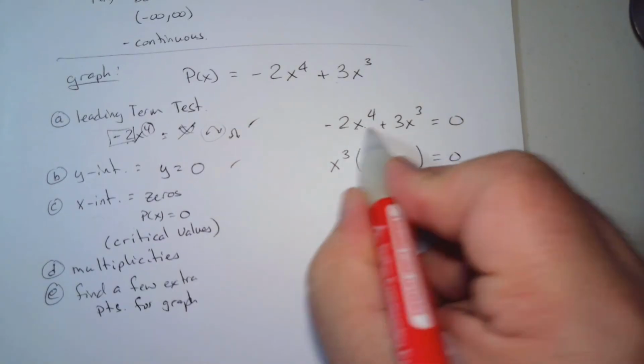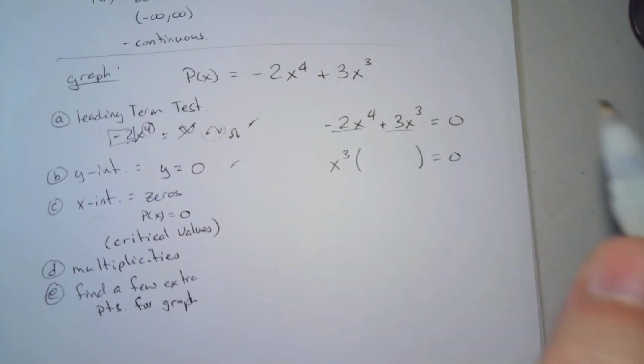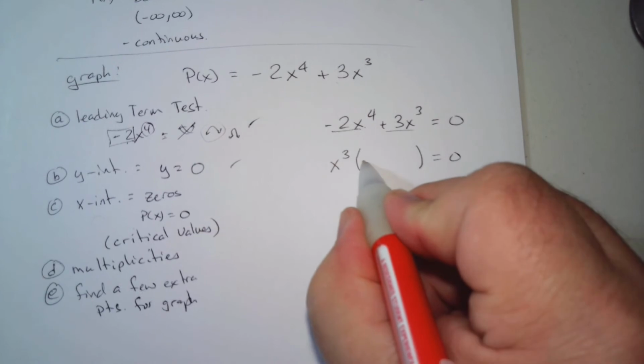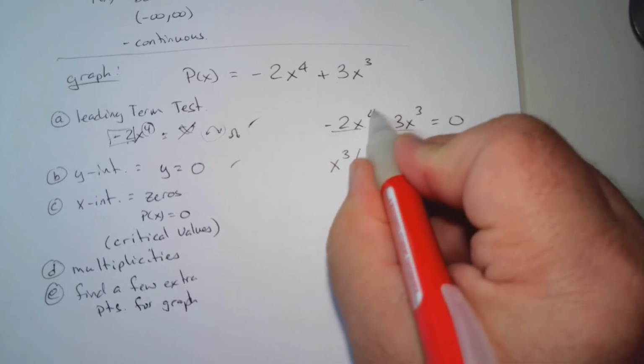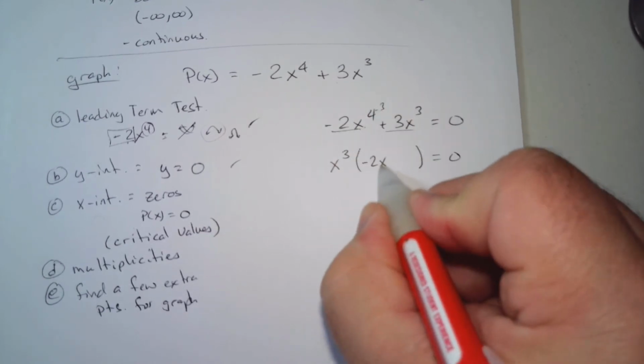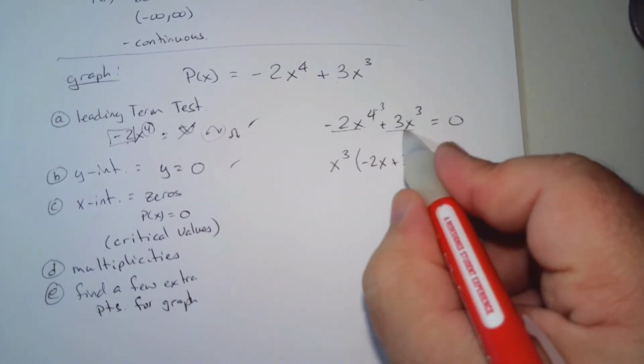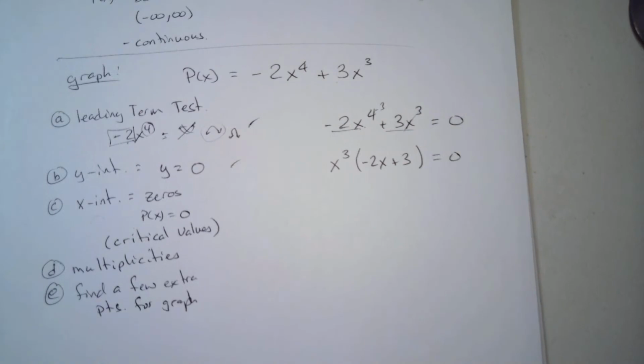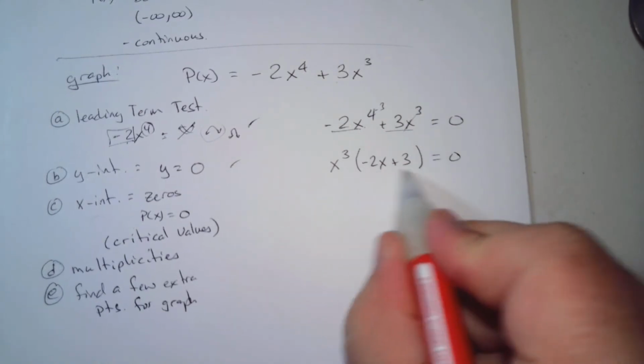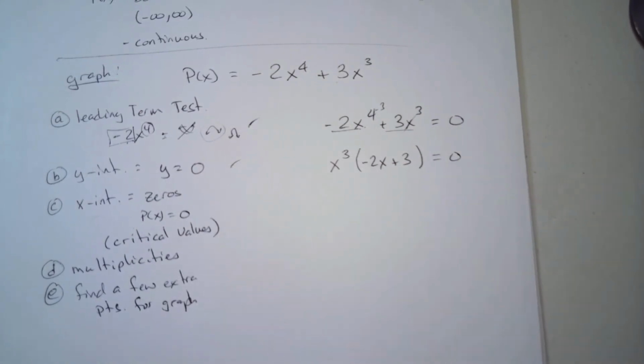If I take out 3 x's out of both of these terms, what do I have left? So 4 minus 3 is just 1. And I took away all the x's, so I have that. So I have a linear equation inside the parentheses, which is my goal.